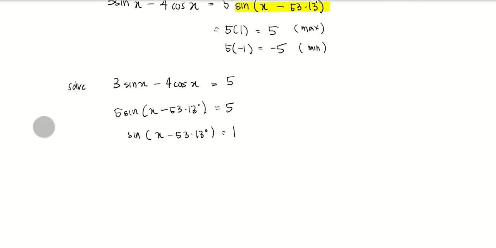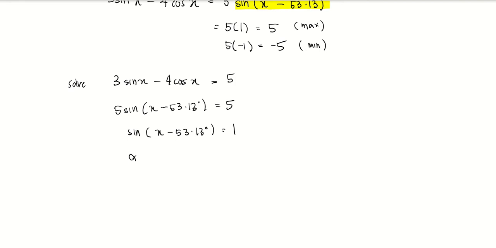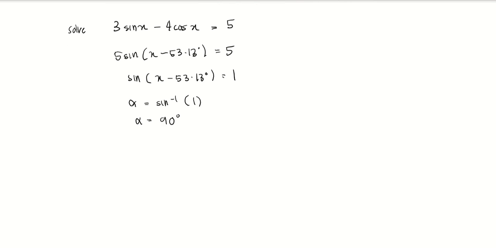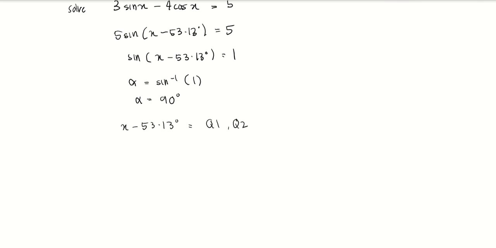So this is in a single form, so we find alpha. So alpha is arcsin 1, so alpha is equal to 90 degrees. And then we determine which quadrant. So x minus 53.13 should be in the first and second quadrant, because sine is positive in the first and second quadrant. So in the first quadrant it is 90 degrees and the second quadrant also 90 degrees.